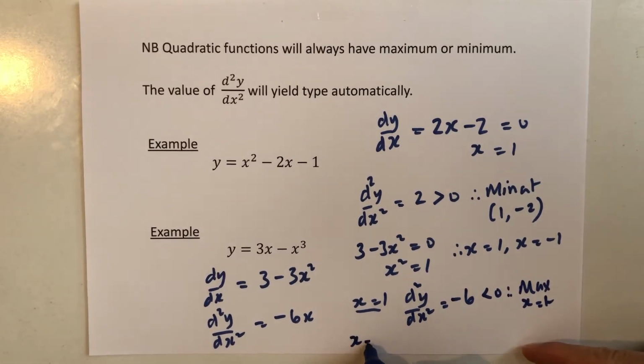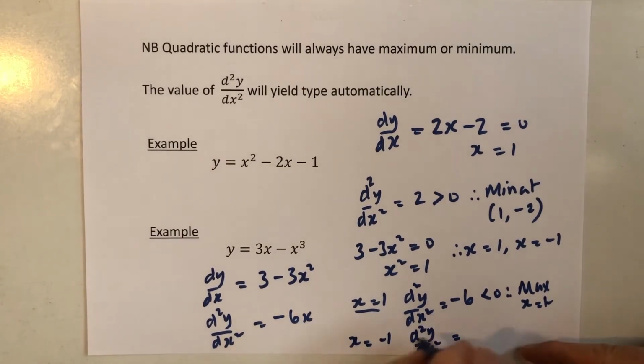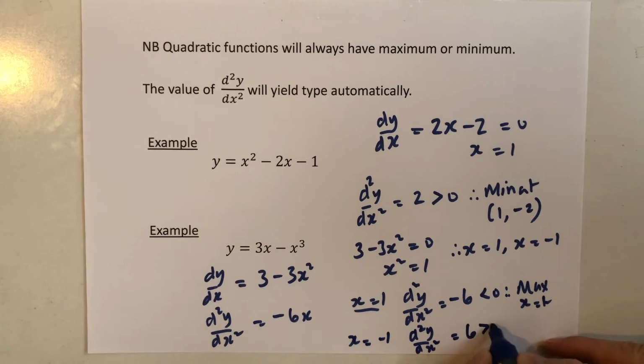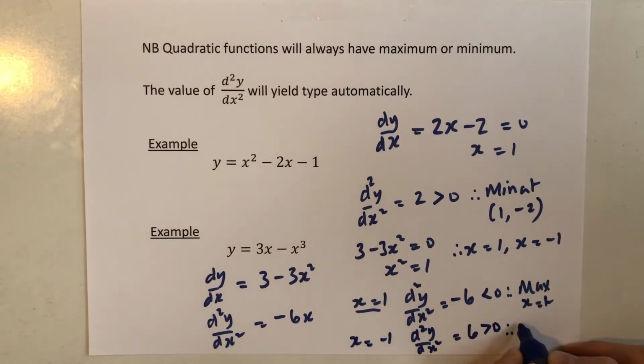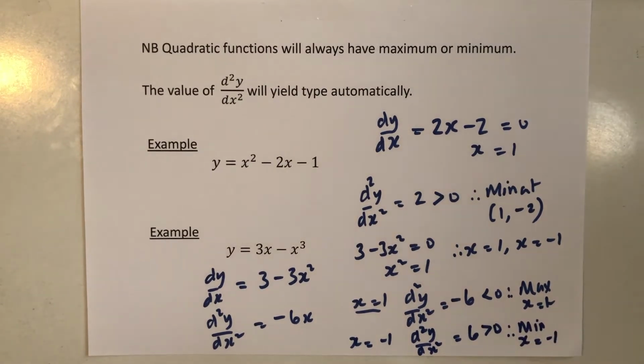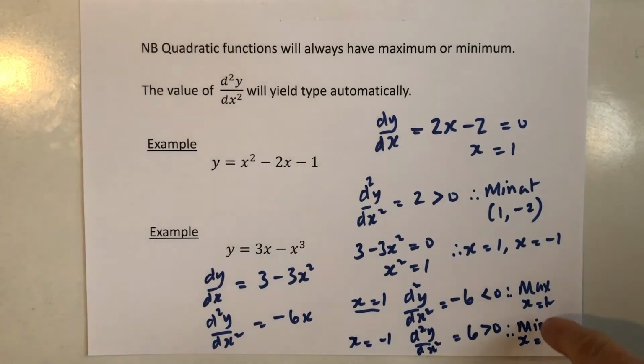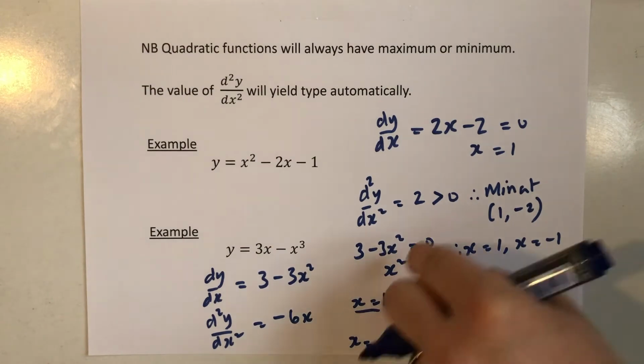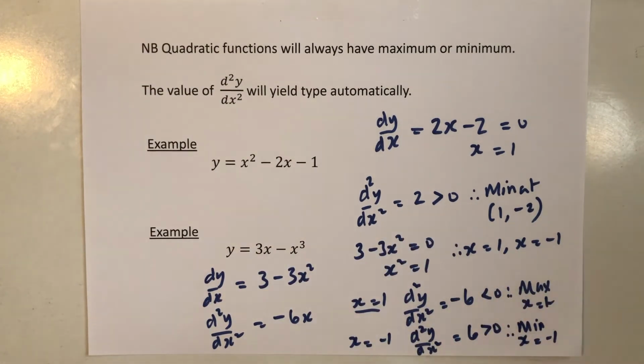If I put minus 1 in, then minus 1 into there makes that positive 6, which is above 0. Therefore, we've got a minimum when x equals minus 1. And if I put the 1 into there, find the y coordinate. If I put minus 1 into there, find the y coordinate.